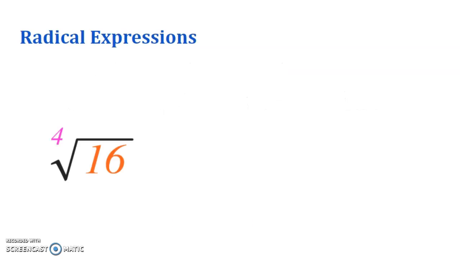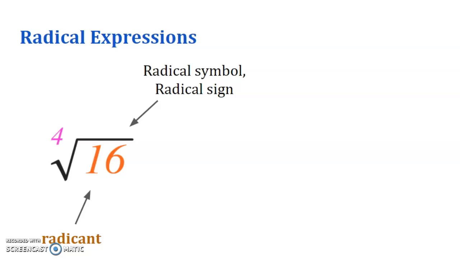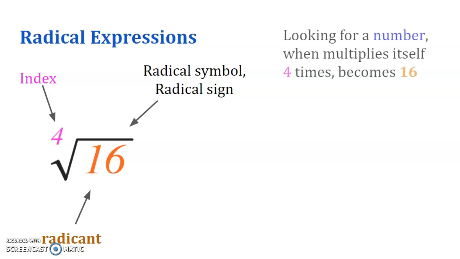When you have a radical expression, that's the square root symbol or radical sign. What is inside the symbol is what we call the radicand, and the small number at the top left is called the index. It tells you how many times a number is multiplied to itself.